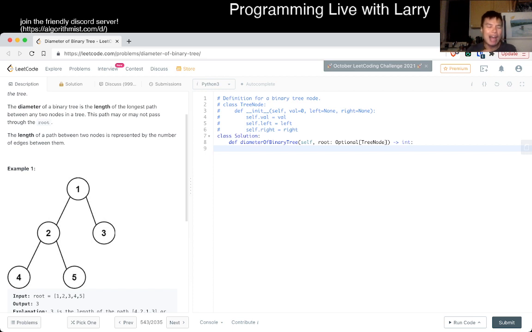And then we do that for every node, then we basically are doing brute force, because then you're asking, okay, for every node, what if this is the root of the longest path? And if we do that for every node, then we effectively answer the question.